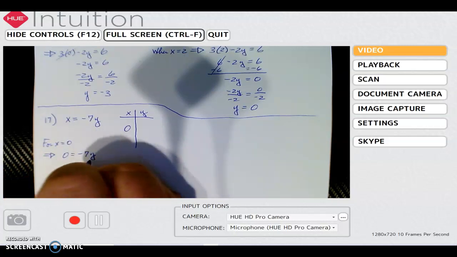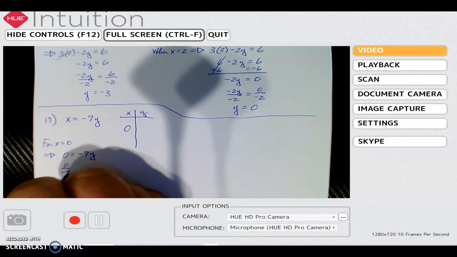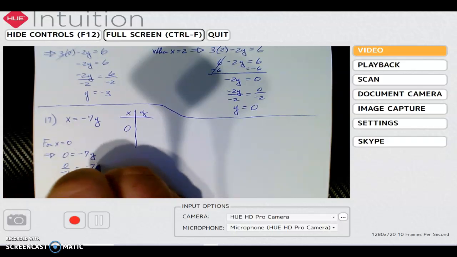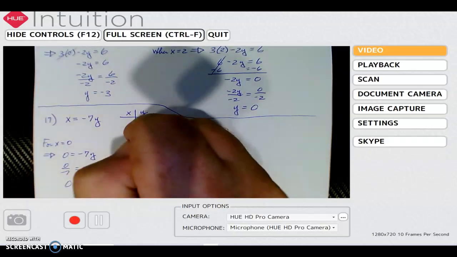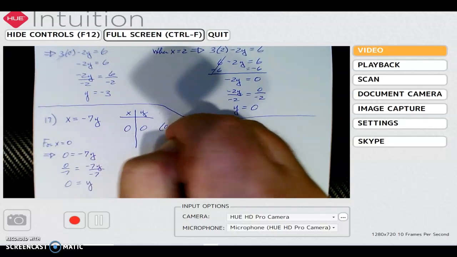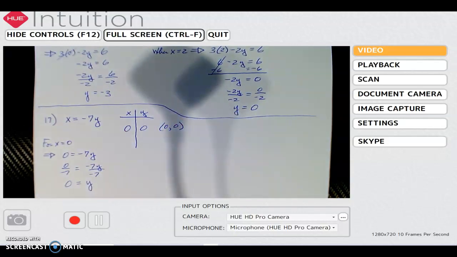And if we divide by -7, both sides of the equation, we get y is 0 also. So 0, 0 is an ordered pair. Now, if I pick a value like 1 or 2 or 3 for x, notice that the 0 would be replaced by that value that I chose, and then I'm dividing by -7.